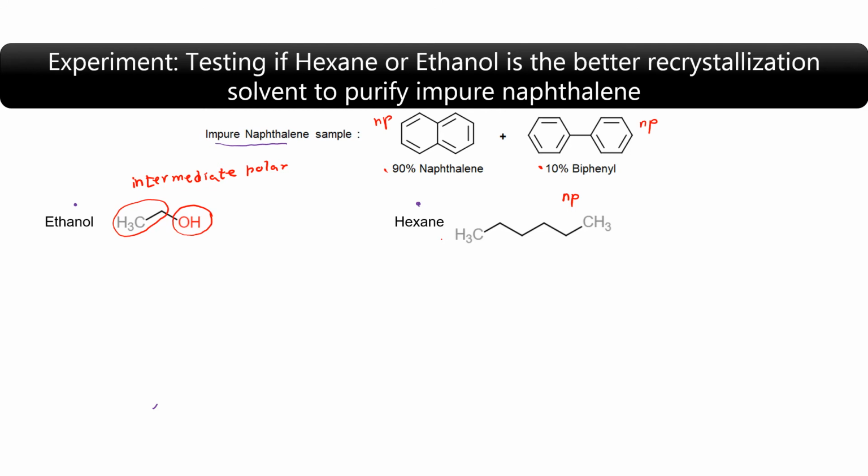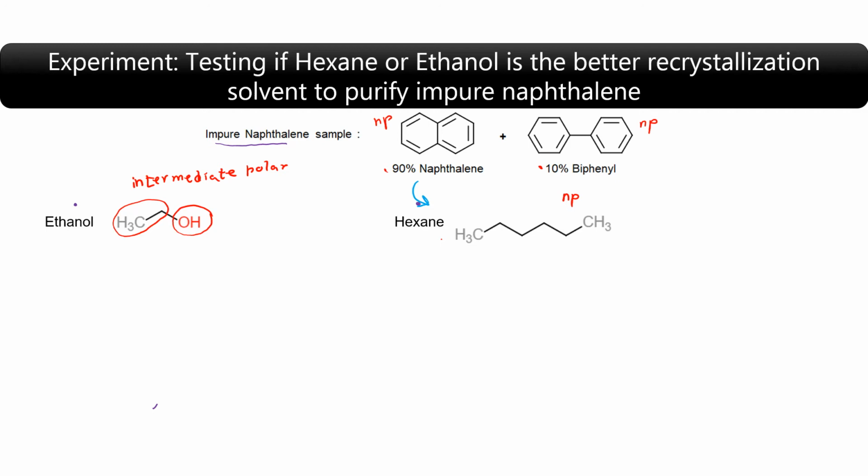So if we think about which solvent naphthalene would most easily interact with, we could say that naphthalene would most easily interact with hexane because they're both nonpolar and like dissolves like.